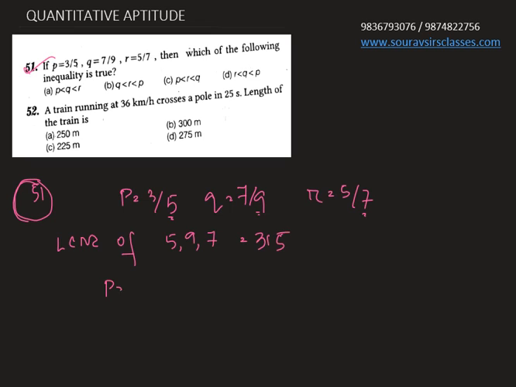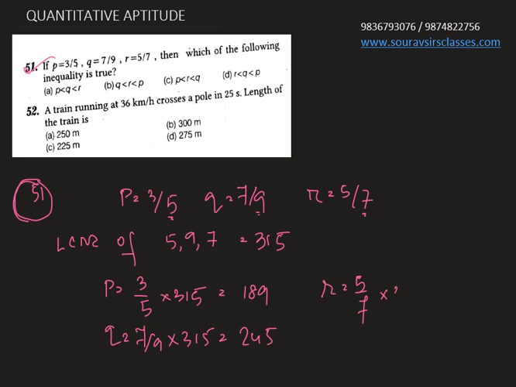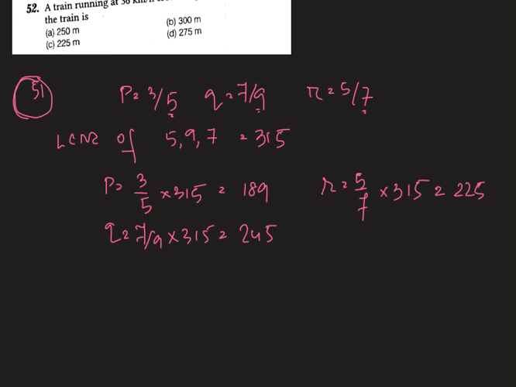Now if we multiply 315 to each of these fractions, we get a number. 7 by 9 into 315, therefore we get 245, and here we get 225. Okay, so in this way we can compare p, q and r.